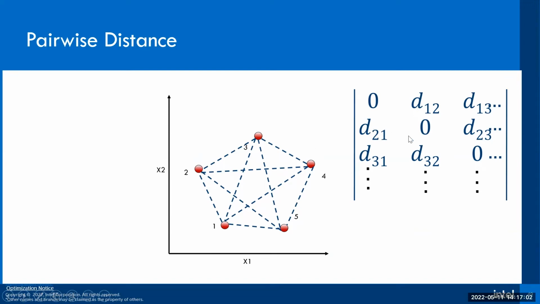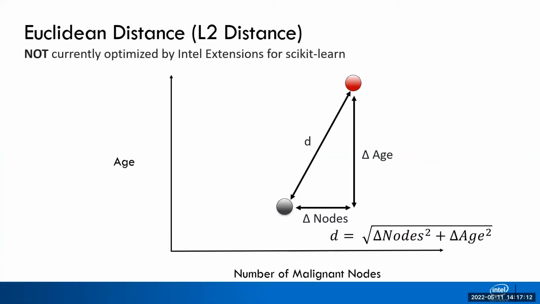So this is the distance matrix that is generated once we calculate all the pairwise distances in a set of points. We've already seen the formula for calculating the L2 distance, which is similar to the hypotenuse: hypotenuse squared is side squared plus side squared.